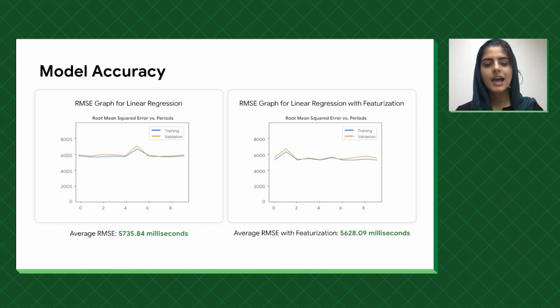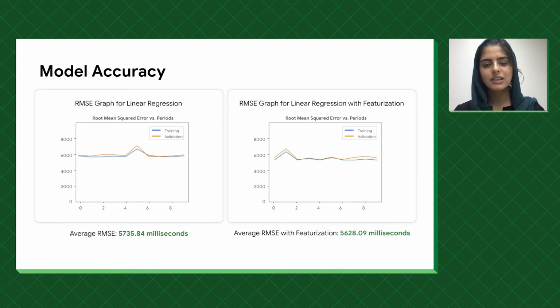On the converse side, you see that our average error was around 5,600 or 5,700 milliseconds. And that's pretty good as well, because our build times were anywhere from 10,000 to 50,000 to even 100,000 milliseconds. So that value really tells us that for our bigger builds, which are the ones we really care about, our error is relatively negligible.